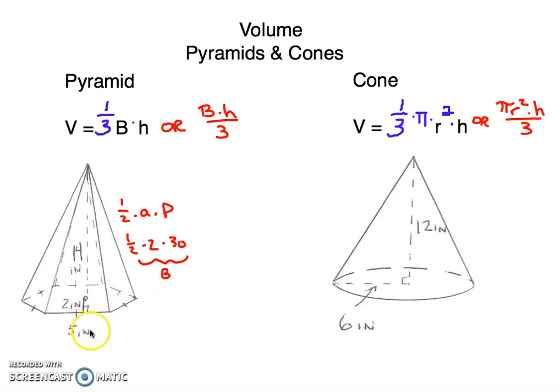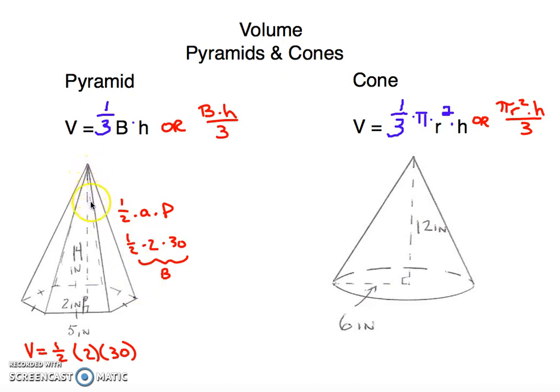And we're going to take our capital B times our height. Now think back to when we did surface area. We wanted to use the slant. In this case now for volume, we are using the height. So remember, the height has to come from the vertex.